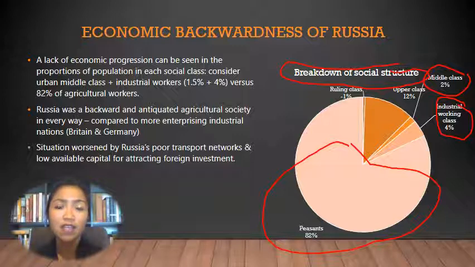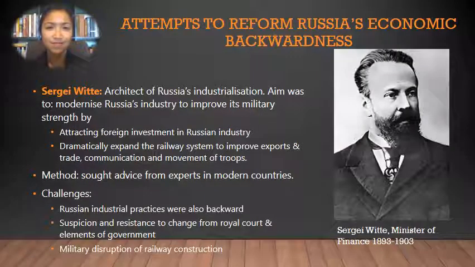The situation is made worse because Russia has really poor transport networks, so people can't get around to work in cities perhaps and to work in these factories. There isn't a lot of money or available capital to attract foreign investment into Russia. But there's hope. Change is afoot.